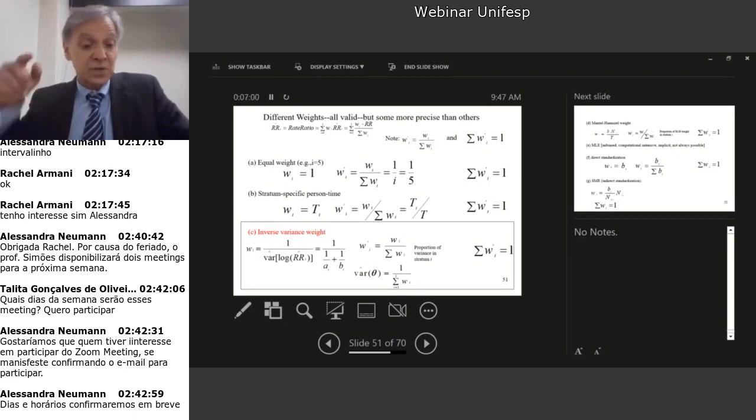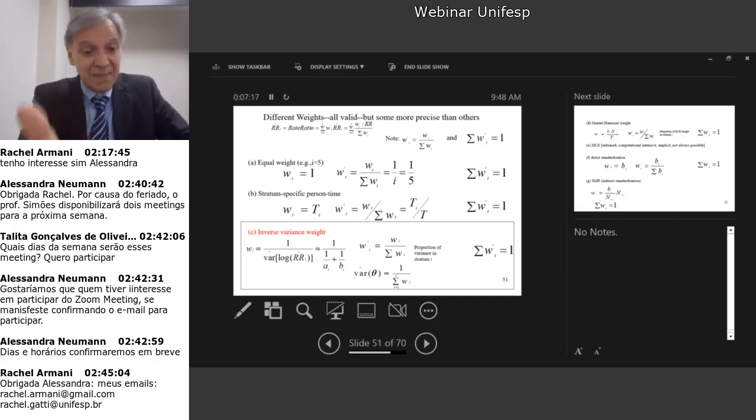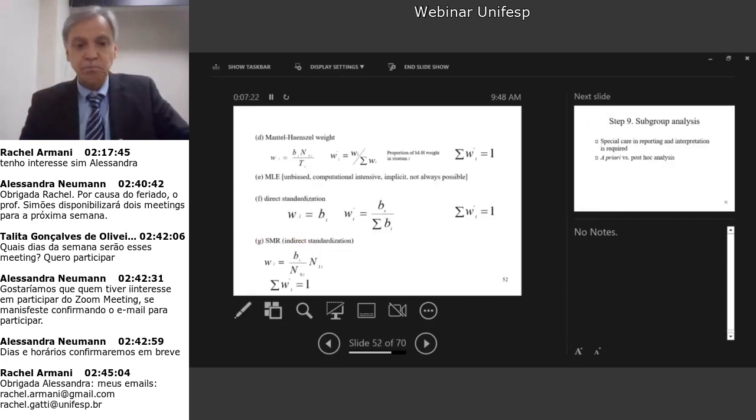Okay, remember there was square root of 1 over A plus 1 over B. It's showing here. And your weight is 1 over the variance of the log of the relative risk. So that variance of the log is 1 over A plus 1 over B. And you take the inverse of that variance, and that becomes the weight. Okay, and that's a Mantel-Haenszel approach to weighting. It's very similar to that.